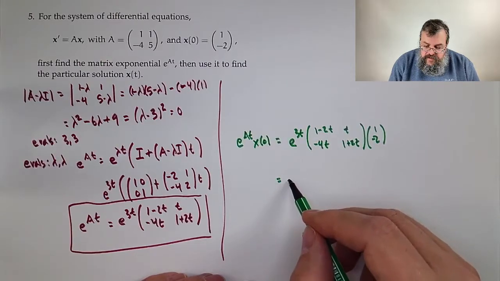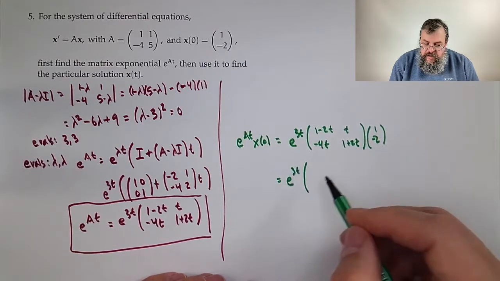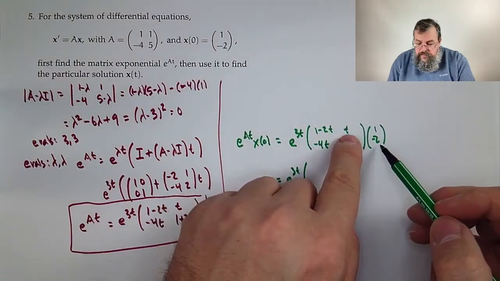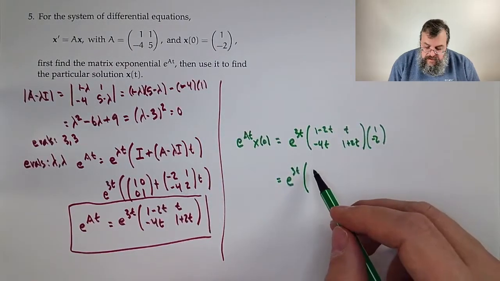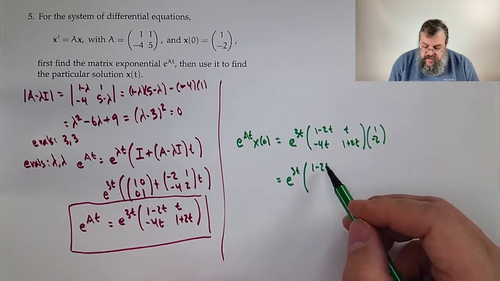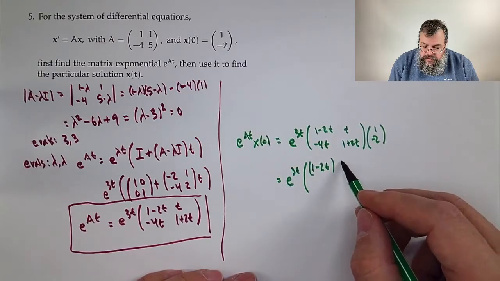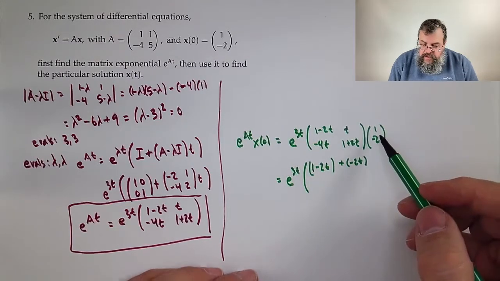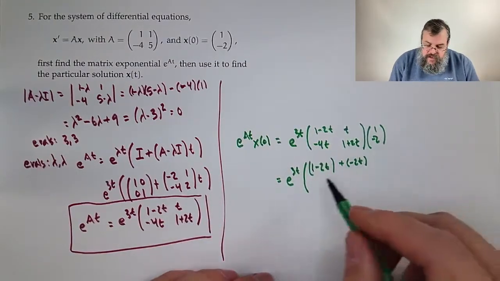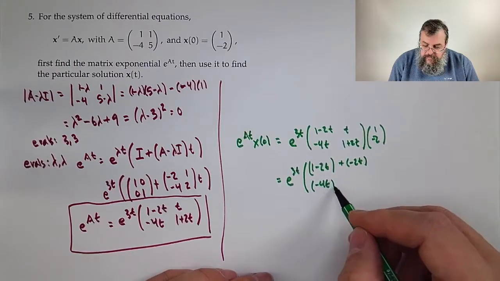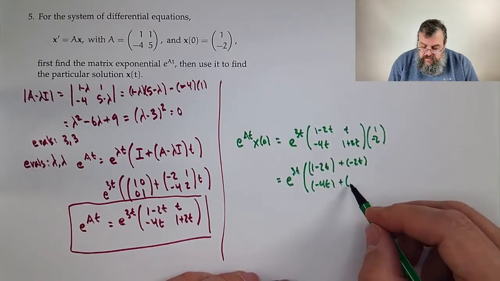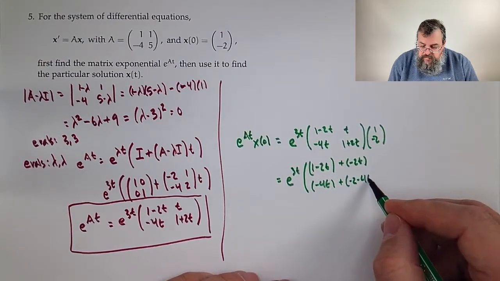So that becomes e to the 3t, 1 minus 2t times 1, and then subtract 2t. So that'd be 1 minus 2t, and we'll go ahead and add minus 2t. We'll do it slowly here. And then the next part is 1 times minus 4t, so minus 4t, and then minus 2 times 1 plus 2t, so minus 2 minus 4t.